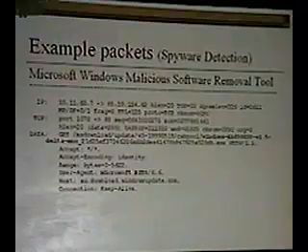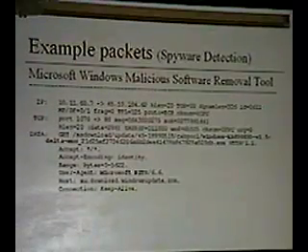The hardest one I actually had to come up with was one for Solaris, because if you look at Solaris 10, this automatic update feature, it encrypts the whole channel. However, when you look at an SSL certificate, when you do that key exchange at the beginning, and it sends what the certificate is, there's a place in there where it says who bought the license and what machine it goes on. Well, it just so happens that machine is something like update.sun.com. So you find that string, you know what's happening.